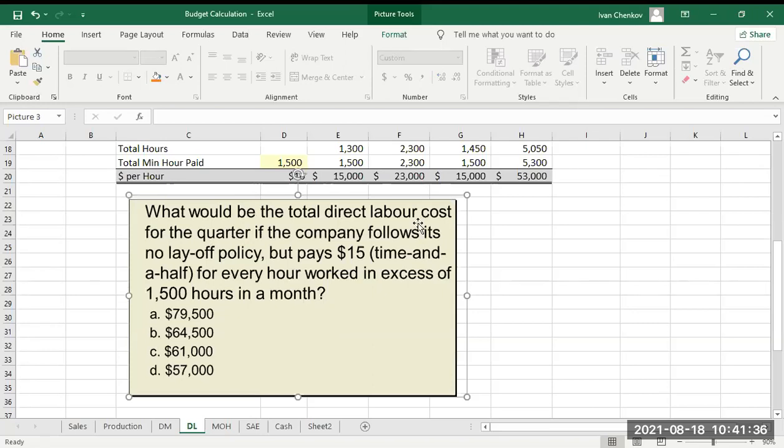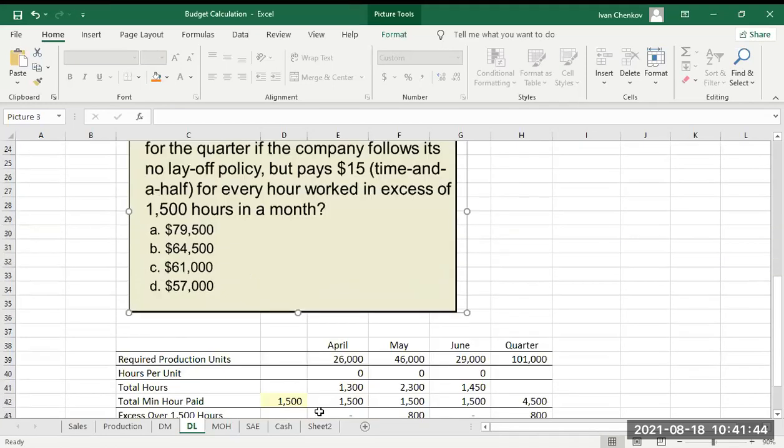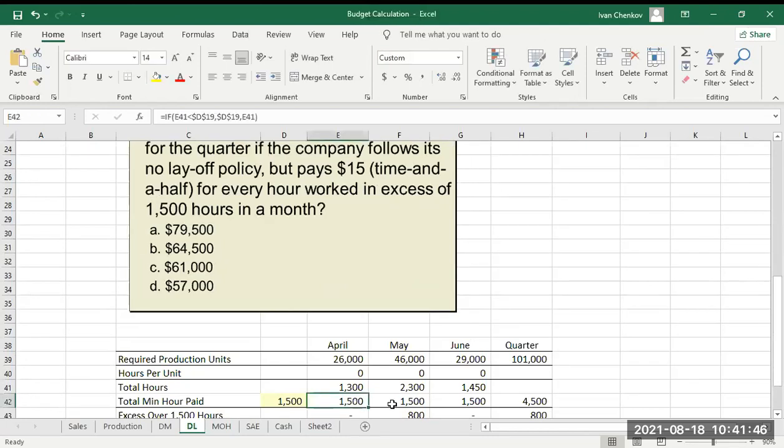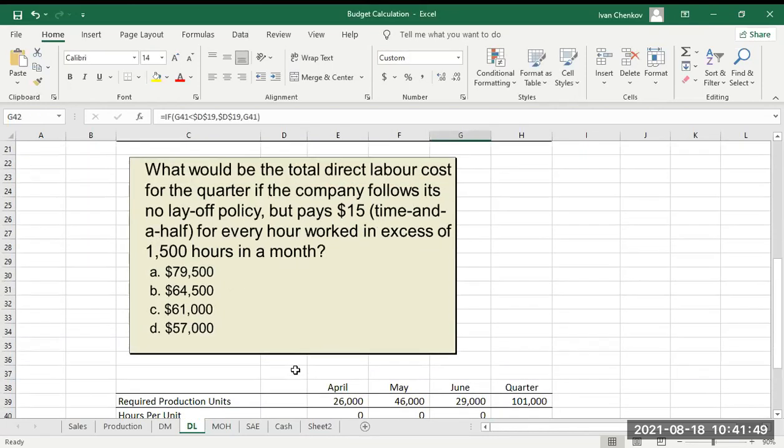What will be the total direct labor cost for the quarter if the company follows no layoff policy? So they're still applying this 1,500, right? And for 1,500, they're still paying $10.